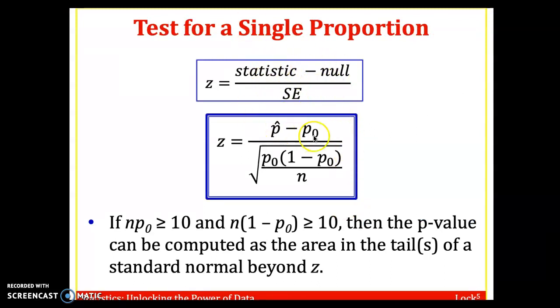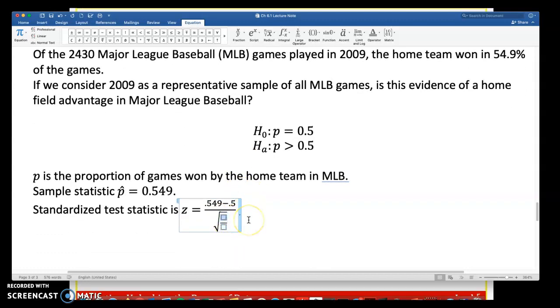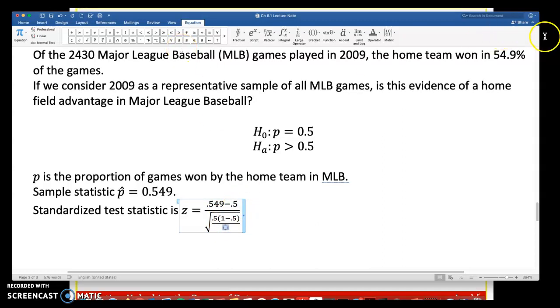It's p hat minus the null over that standard error formula. So I'm going to fill in this formula. It's 0.549 minus 0.5. And then for the square root function underneath, we're going to use the null hypothesis. So in here, I'm doing 0.5 times 1 minus 0.5 inside the square root, and then divided by, well, what's the sample size in this case?